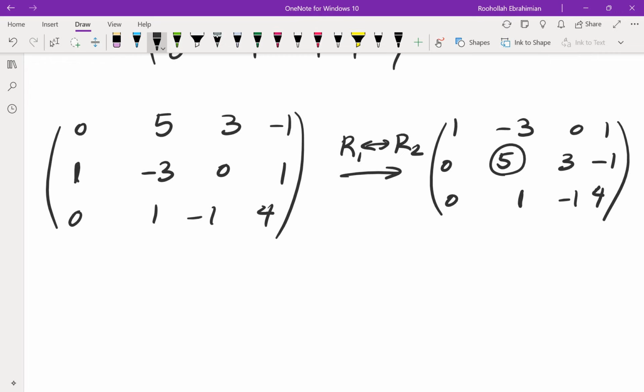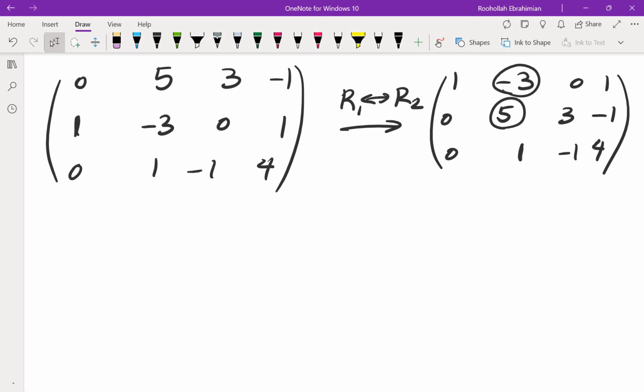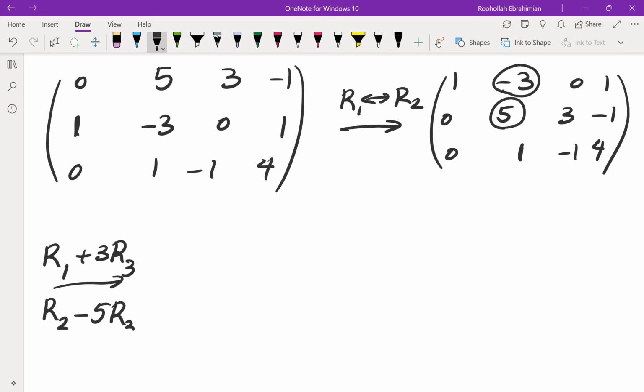And I'm going to make this one 0, and I'm going to make this one also 0 to just get to the echelon form, reduced echelon form. So I'm going to take row 2 and then add 3 row 3, row 1, and then add 3 row 3, row 2, and then minus 5 row 3.